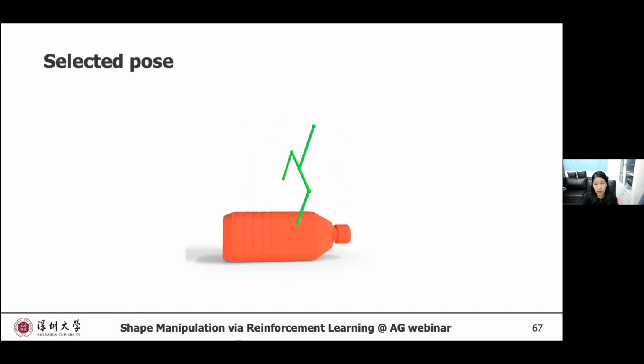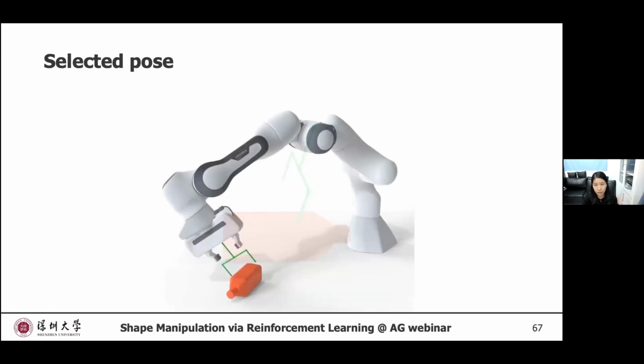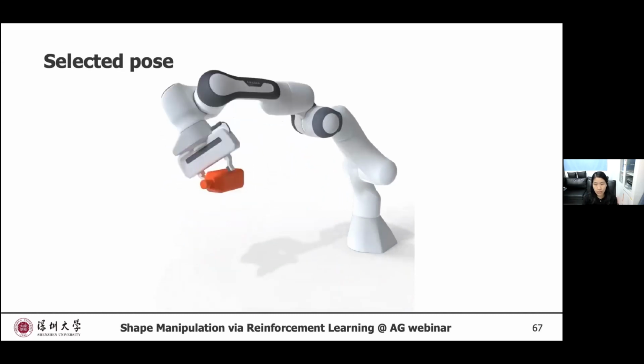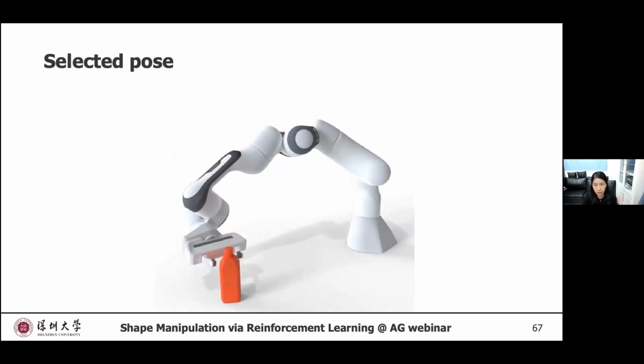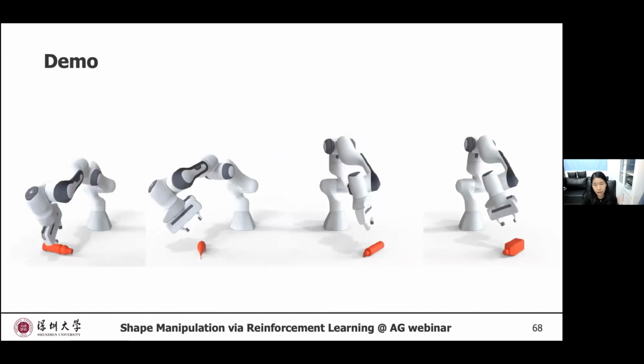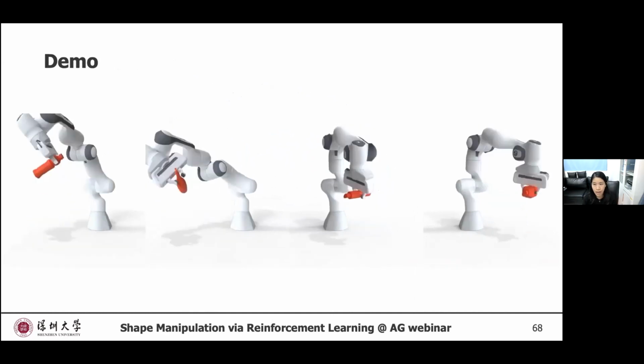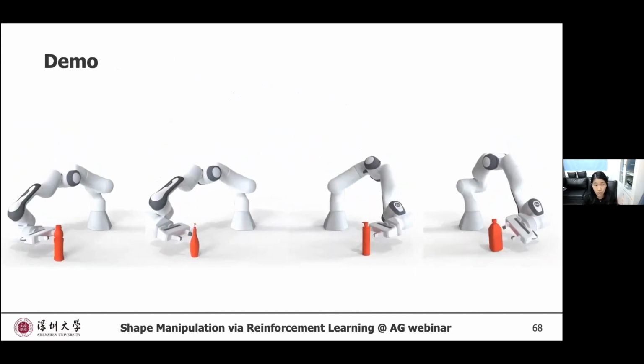And with this optimal grasping pose we selected and the upright direction, now we can control the robot to grasp and place the object. Here are more demos of grasping and placing different objects.